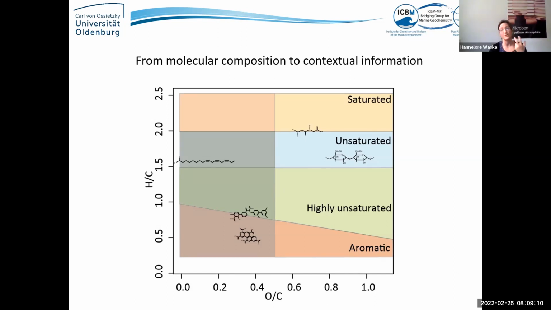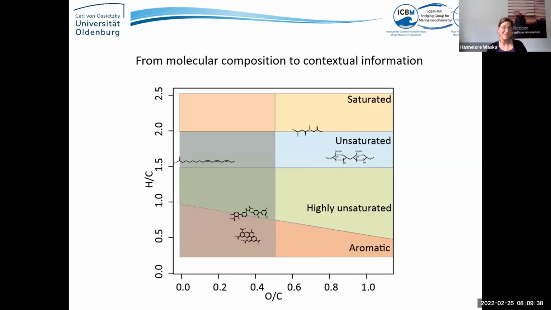So that is something that is derived from combustion processes. And on top of that is a polyphenol, so typical for a lignin molecule. And then on the upper left, we have a fatty acid, and we also have a sugar and an amino acid there. And so based on their very specific oxygen to carbon and hydrogen to carbon ratios, they really find their place in this diagram. And so we can derive some structural information based on the location in the diagram.